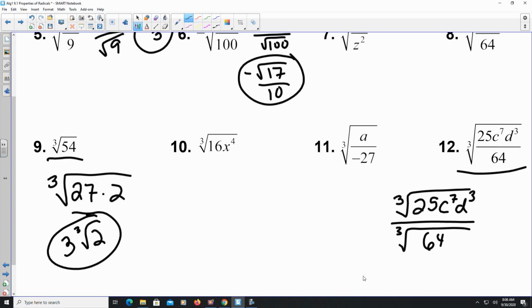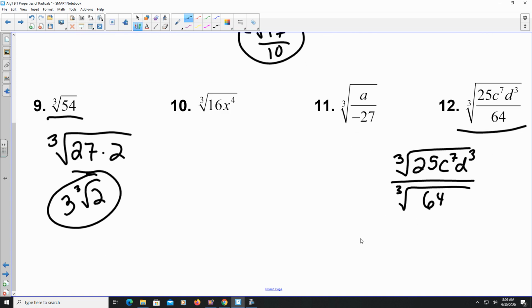Now, cube root of 64 can be simplified as 4, so I'm good there. On the top, looking at the numerical value of 25, 25 is not a perfect cube value. There's nothing I could make it as a series of products to make it simplified, so I'm just going to leave it there. So cube root of 25 is going to stay there.